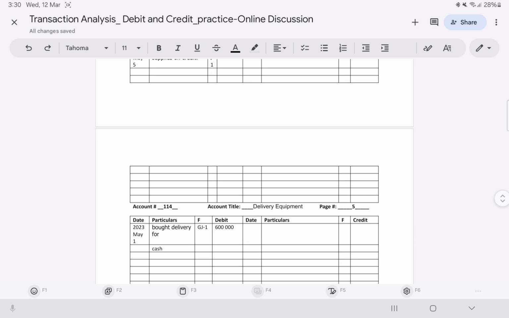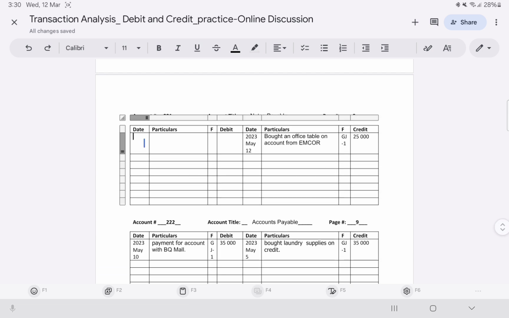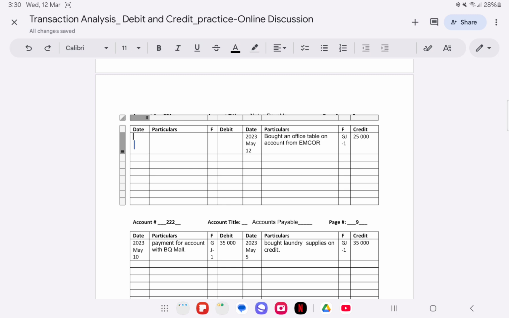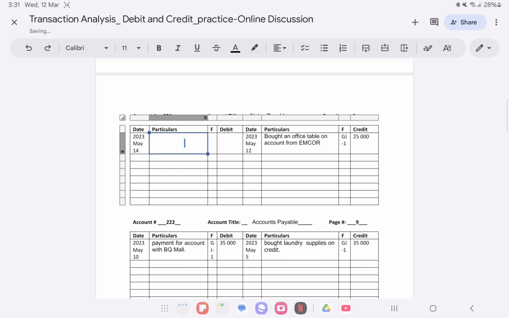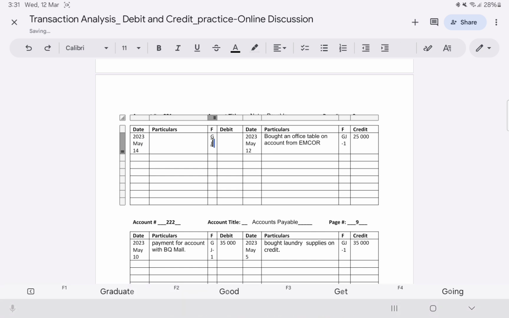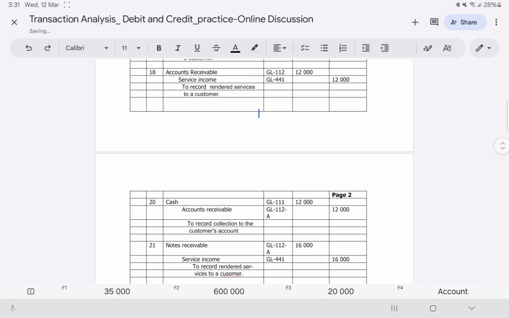On the 14th, notes payable is debited. Notes payable, 2023 May 14. JG-1. Okay, to go back to the transaction.